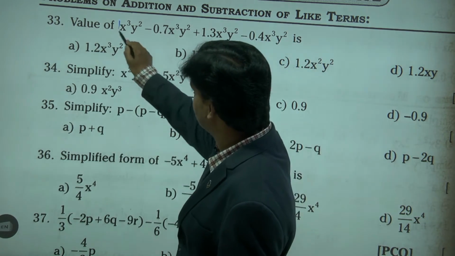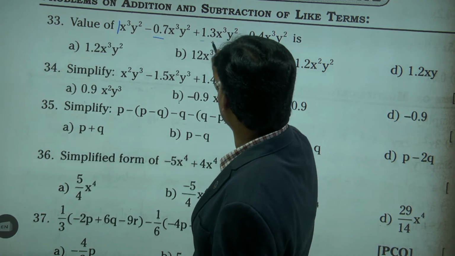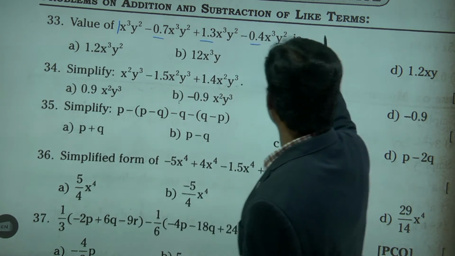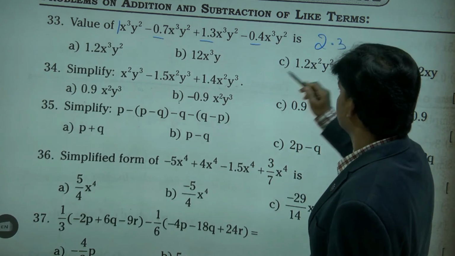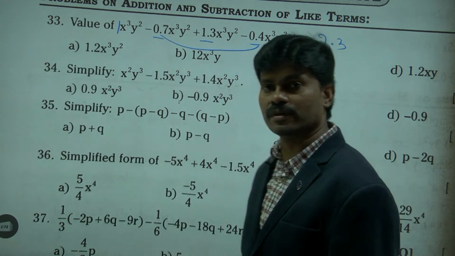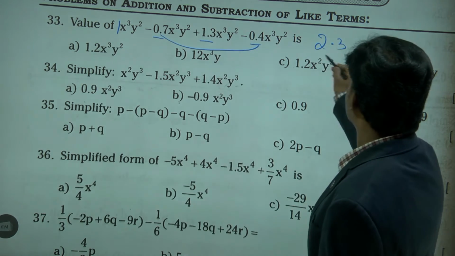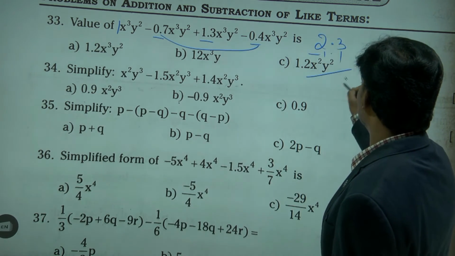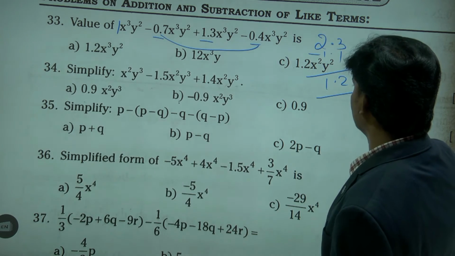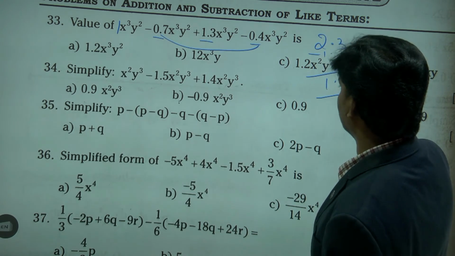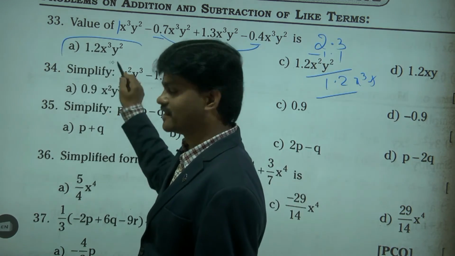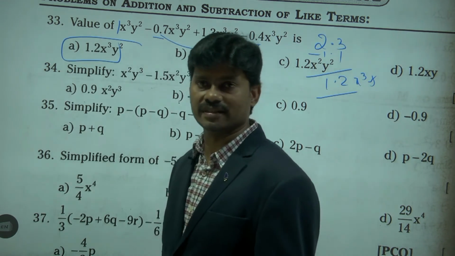Here it's 1, minus 0.7, 1.3, minus 0.4. 1 and 1.3 is 2.3, and minus 0.7 minus 0.4 is minus 1.1. 2.3 minus 1.1, we get 1.2. So 1.2 x power 3 y power 2. So where is the answer? Option A is correct.